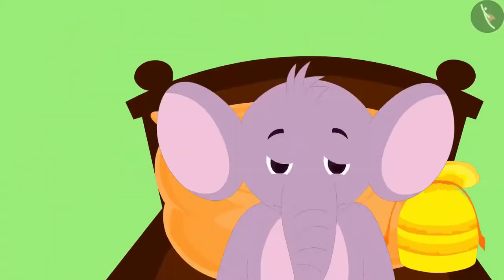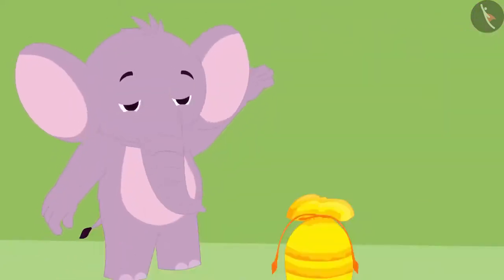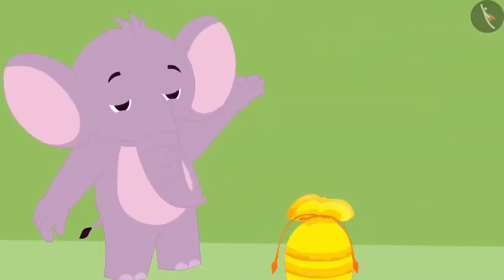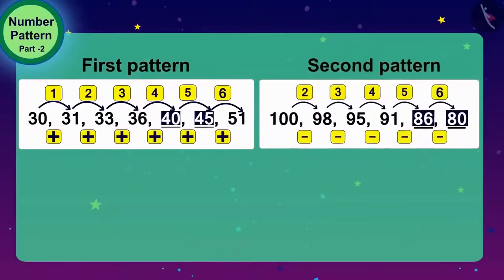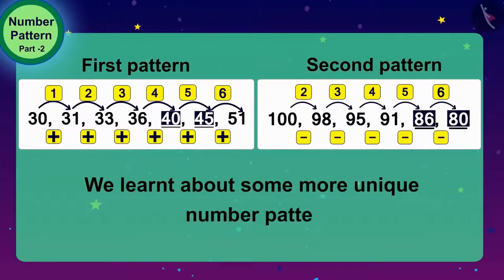When Appu awoke from sleep in the morning, he saw that there were some golden coins in a bundle at his bedside. Appu started dancing happily. In this video, we learnt about some more unique number patterns. In the next video, we will learn more about the number pattern by some interesting examples.